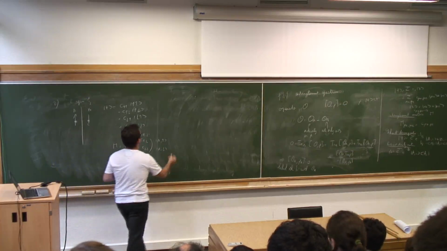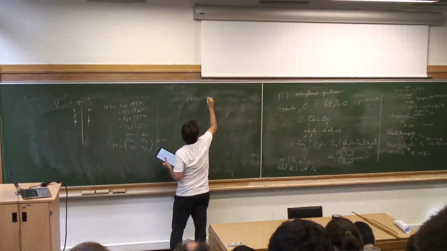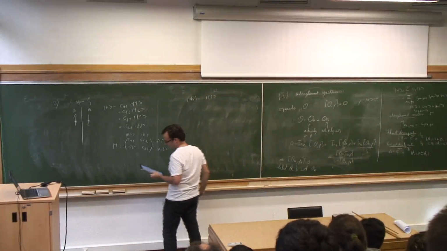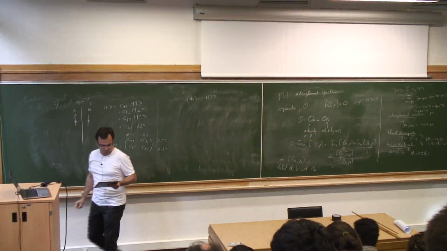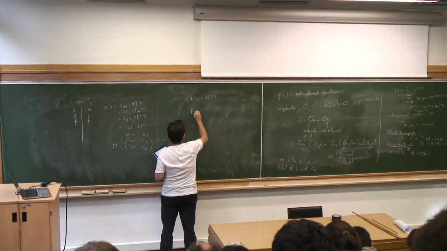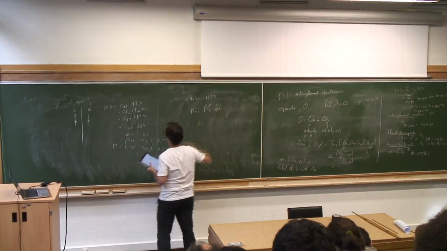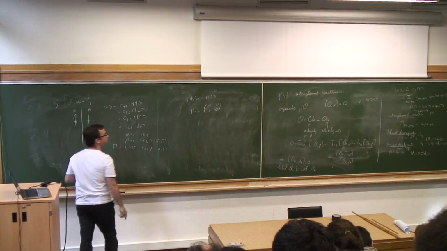Okay, so let's be more concrete and take just a product state, up, up. If you write such a state, the entanglement matrix is just a 1 at the first entry, first column, and 0 everywhere else.